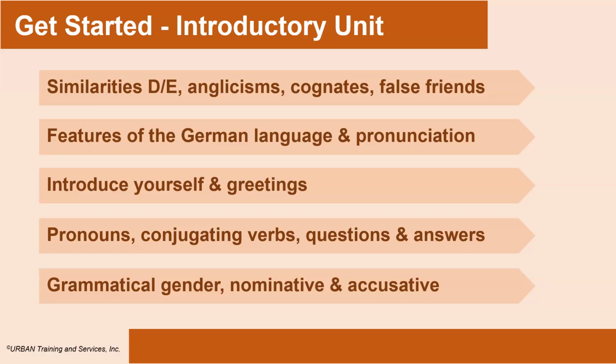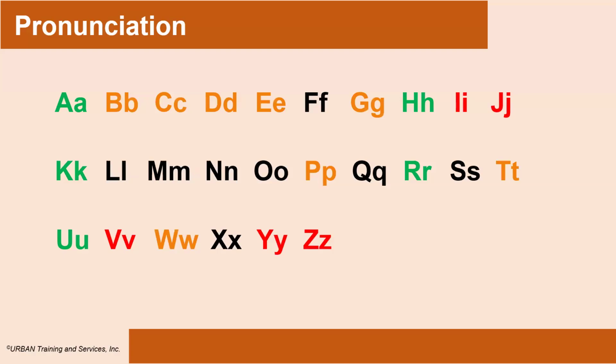Now, let's get started with a little bit more about pronunciation. So, for example, in the introductory unit, I go over the alphabet, and you learn how to pronounce each and every letter. Why are there different colors? Well, the ones in black are no big deal. At least if you're an English speaker, the sounds of those letters are no big surprise.